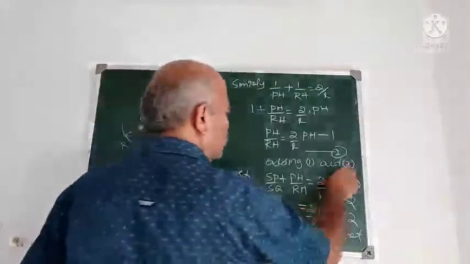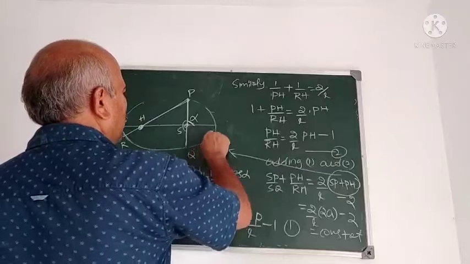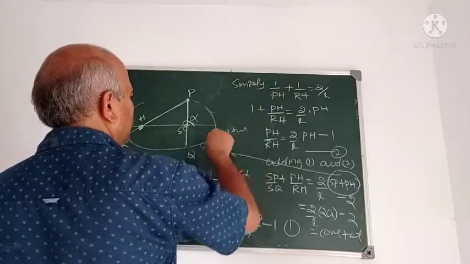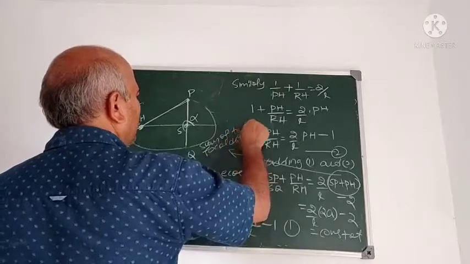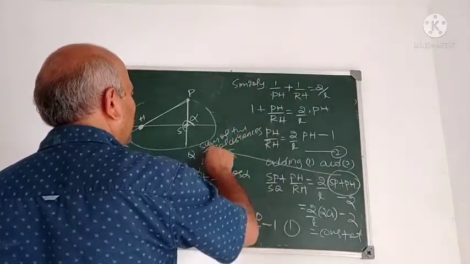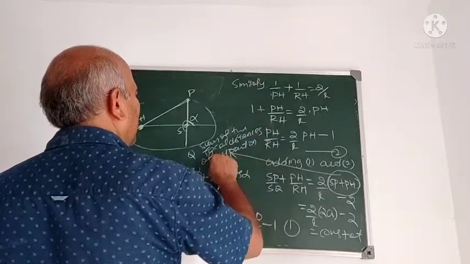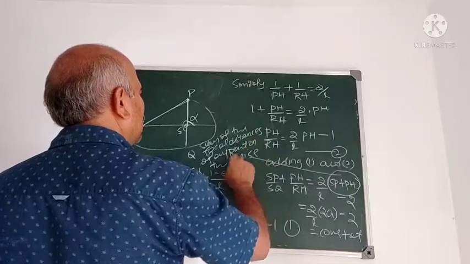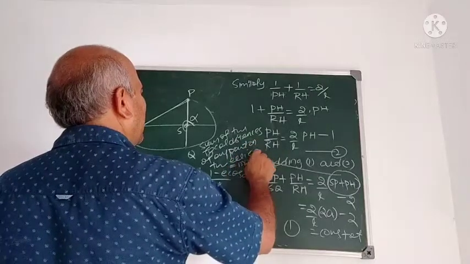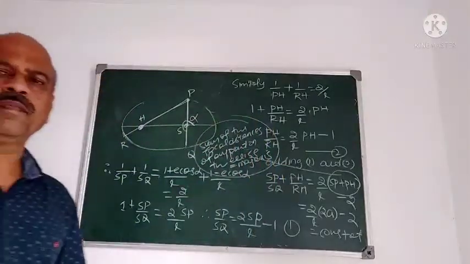But here we have used one important result. What is that? It is the sum of the focal distances of any point on the ellipse is equal to the major axis, and that is equal to 2A.